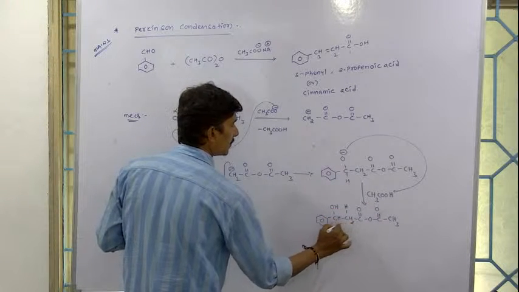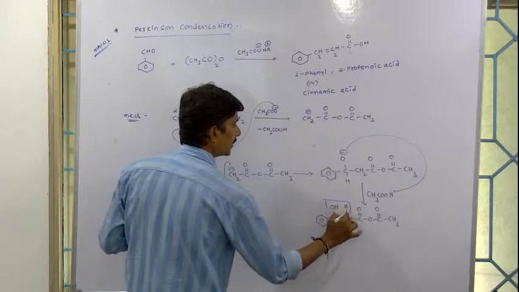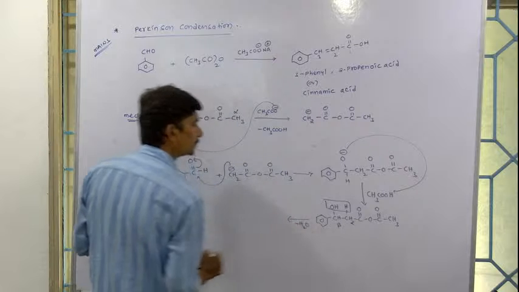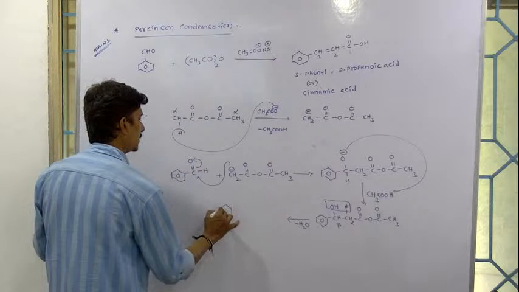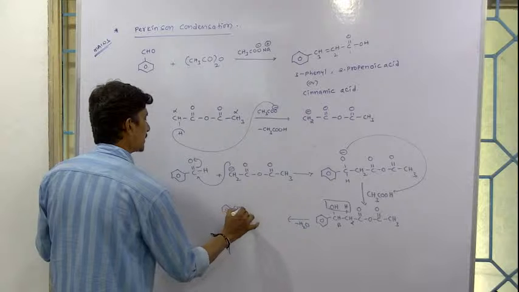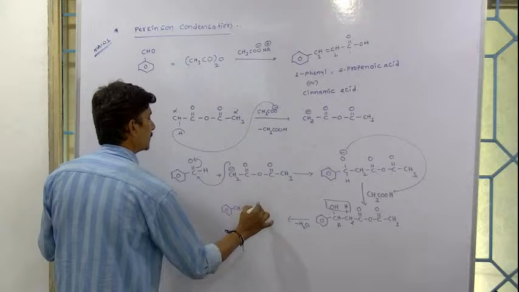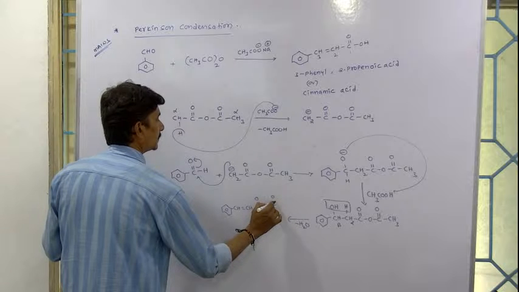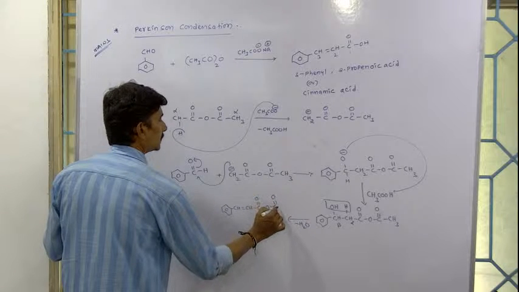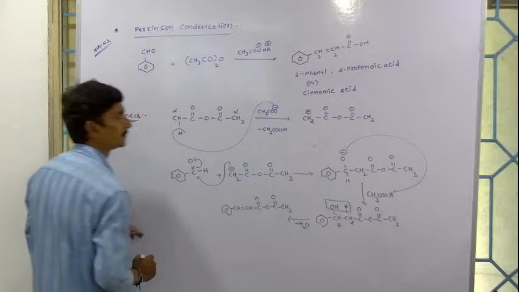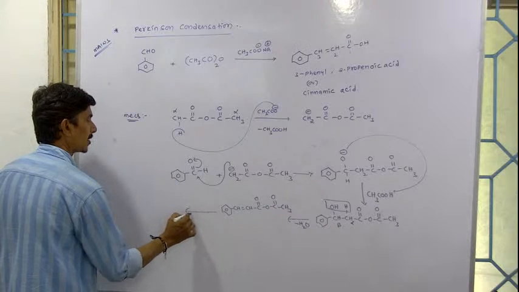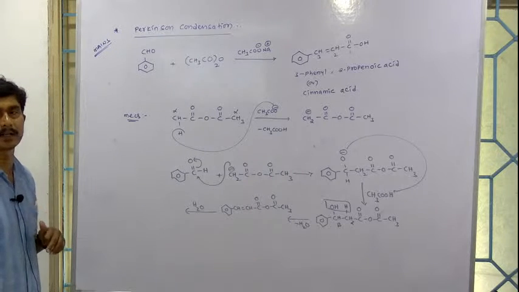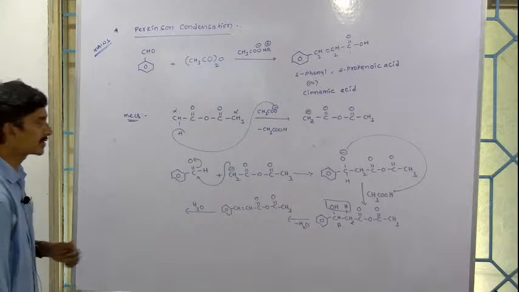It is an alpha carbon, now it is a beta carbon. On heating, it can be removed in the form of H2O. So it forms the alpha beta unsaturated anhydride, which on hydrolysis gives the carboxylic acid.